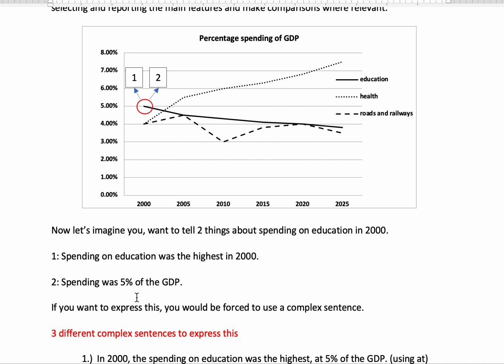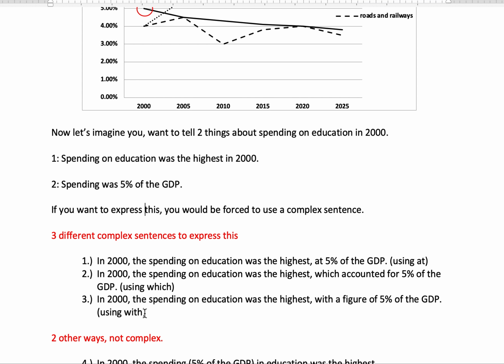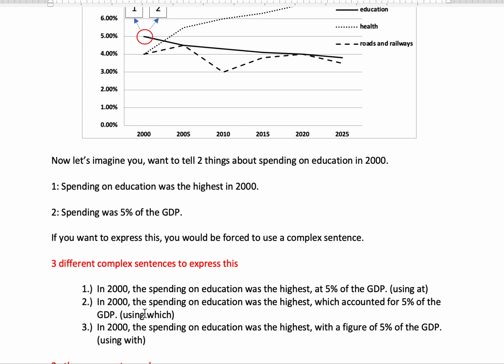Okay, so you can say in many ways. In 2000, the spending on education was the highest at 5% of the GDP. So this is using at. You can also say this: in 2000, the spending on education was the highest, which accounted for 5% of the GDP.